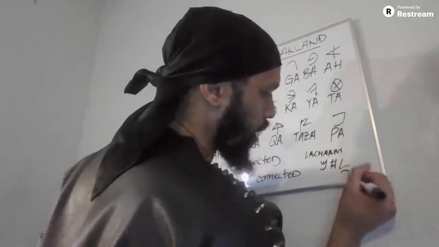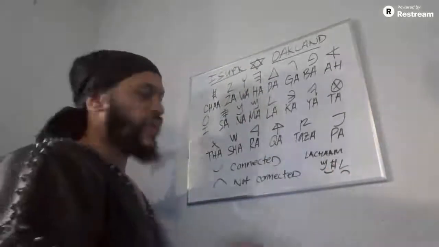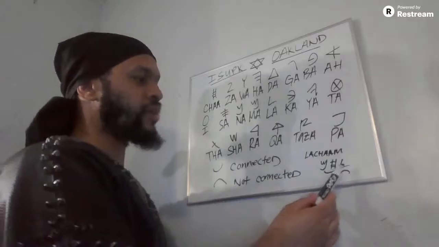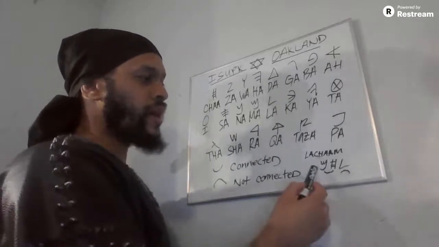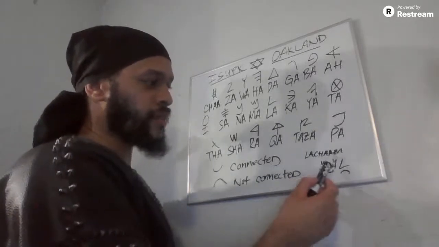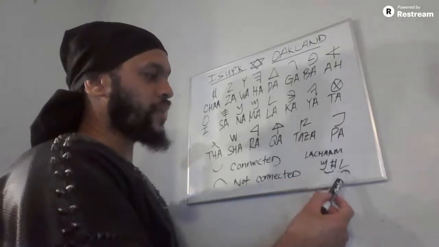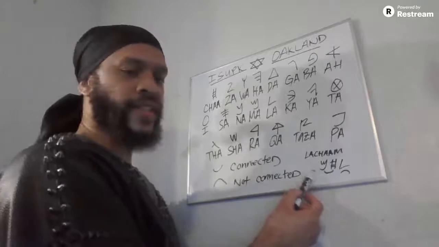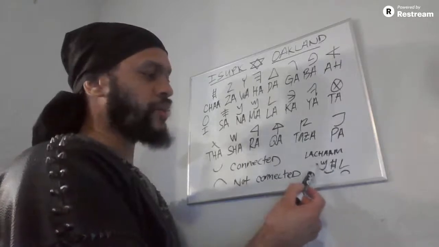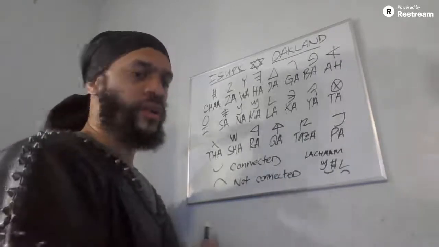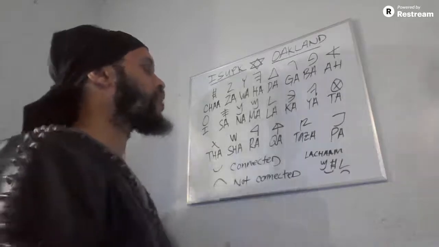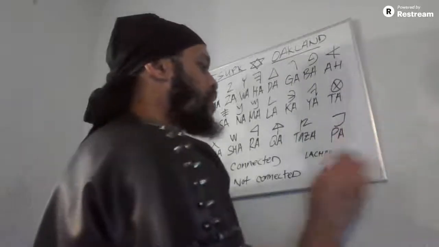The la is not connected. The kam is connected. So that's how you know which letters you're connecting. La, kam. The la is not connected. The ka and the ma have to be connected to make the word. All right. So that's how that works.